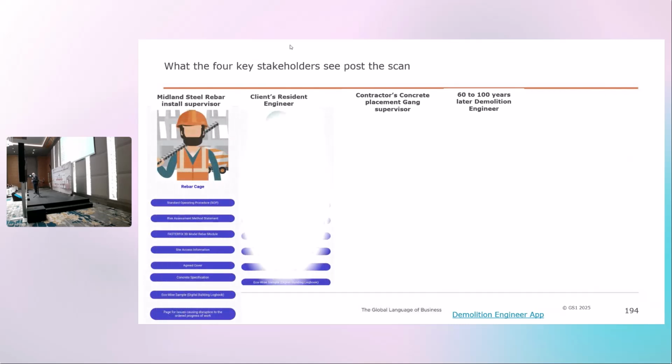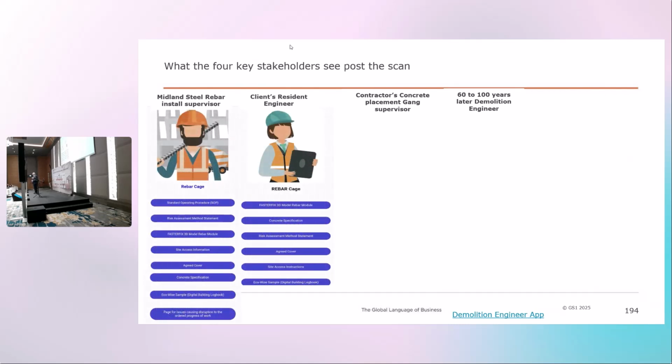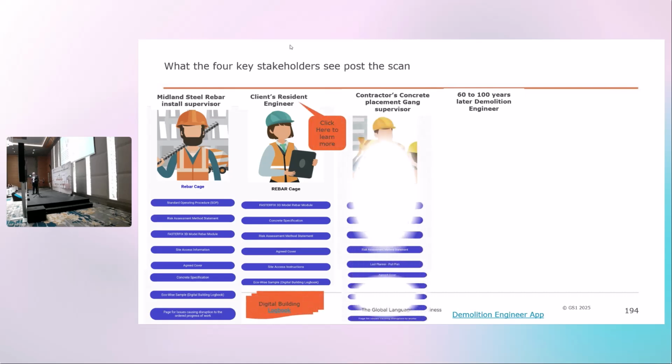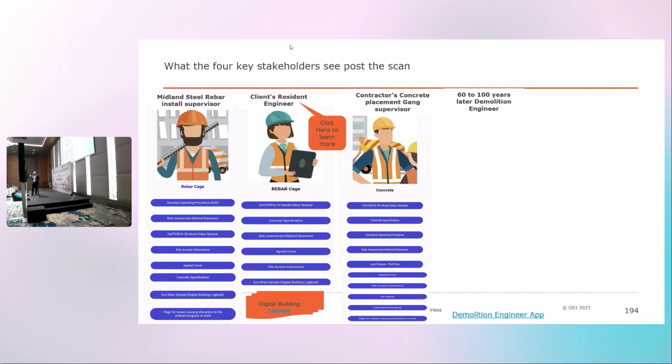So this is for those of you who didn't use your scanners there. This is what each one of them gets. All these 4 actors scan the same QR code with the piece of software. We don't sell software in GS1, unfortunately. We just provide standards.